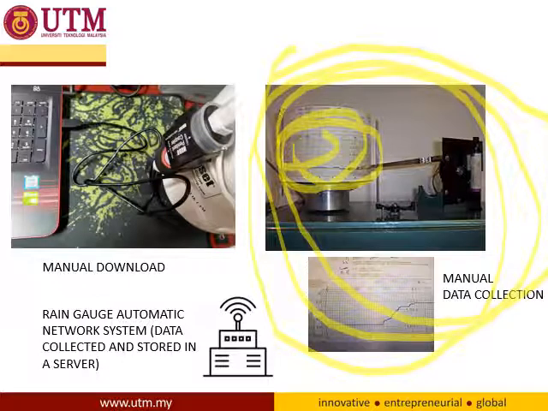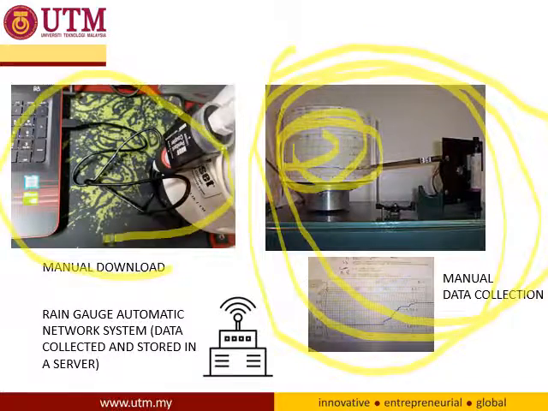On this left side, it is more, I don't know, maybe half automatic, because we can leave the rain gauge also, but we don't need this type of graph paper. We can just download it later. So this one is maybe semi-auto and semi-manual, because somebody still needs to go there and collect or download the data from the rain gauge.